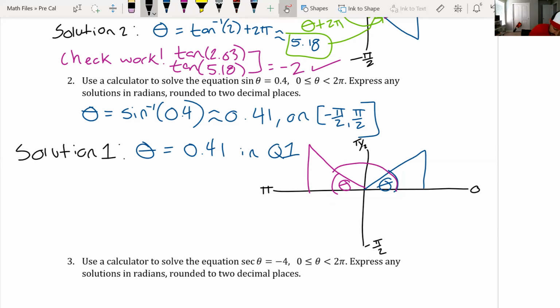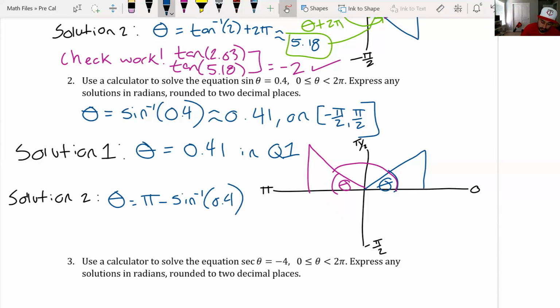So for solution 2, we get that theta will be pi minus the inverse sine of 0.4. So for this one, we did pi minus theta.